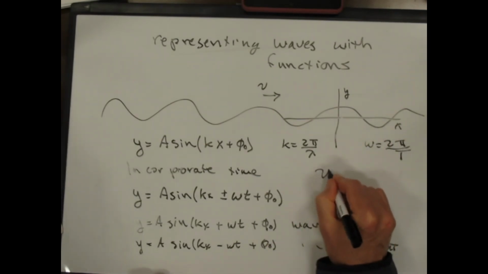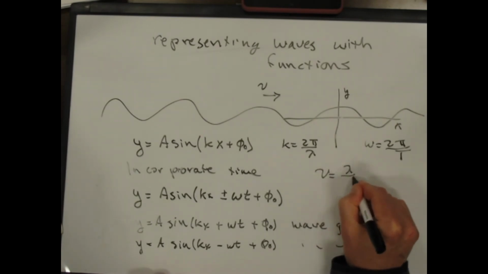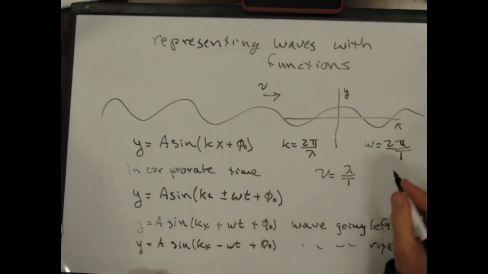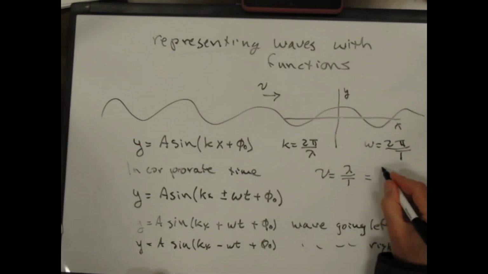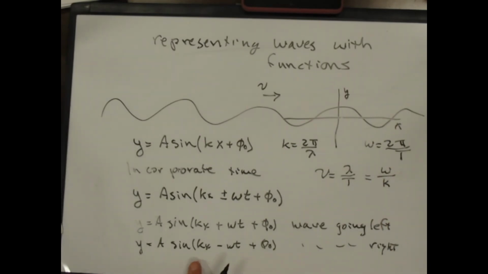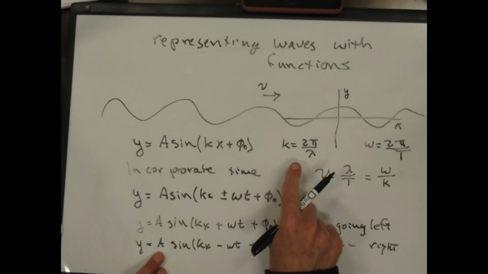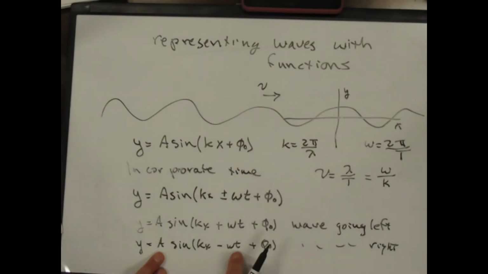And so the velocity, which is equal to the wavelength divided by the period, the velocity of this wave is equal to omega divided by k. If you give me this wave, its amplitude is A, its wavelength can be determined from k, it's 2 pi over k, its period is 2 pi over omega, and its velocity is omega over k. And so you get that all out of the function of the wave.